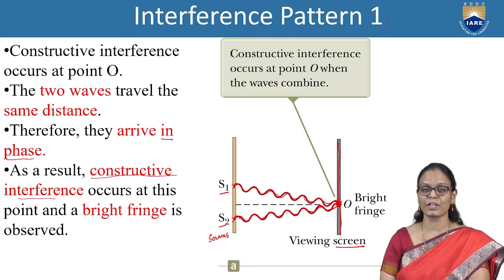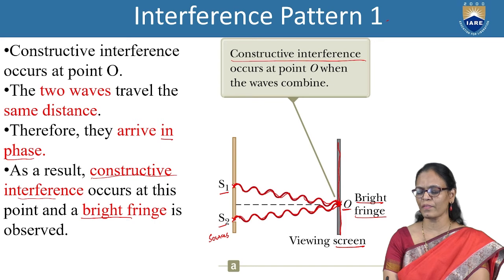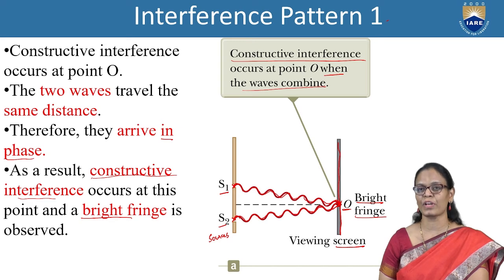And whenever we have constructive interference, you will see a bright fringe here. So this will be a bright fringe. Slowly we are going to shift from interference and understand the fringe pattern. So constructive interference occurs at the point O when the waves combine, because they are coming in phase. So whenever you see the screen, at this point you will be observing a very bright fringe.